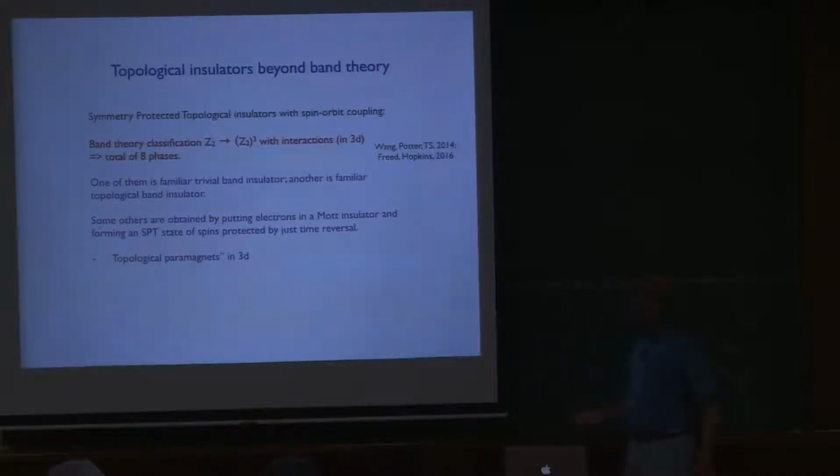So the statement then is that within band theory, the classification of such insulators is a Z2 classification, meaning there's precisely two kinds of insulators. There's a trivial band insulator and there's a topological band insulator. Now, beyond band theory, once you include interactions, the statement is that Z2 becomes a Z2 cubed classification, right? So, as Shiraz was asking, I'm asserting the statement to you.